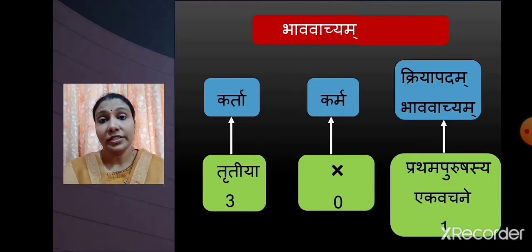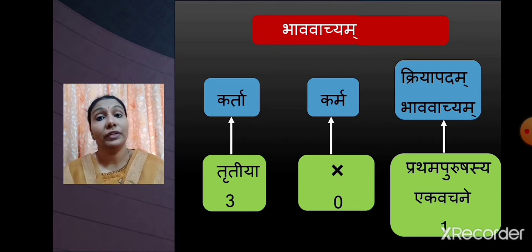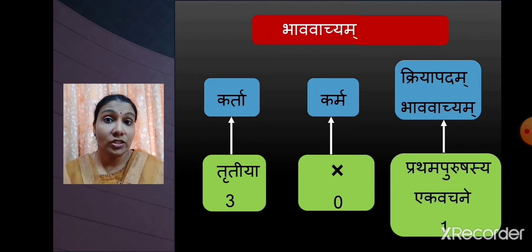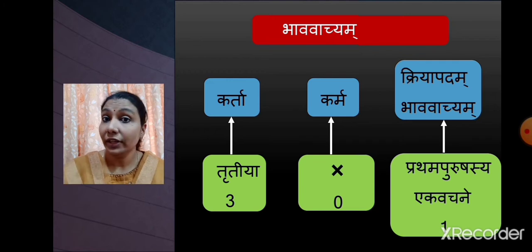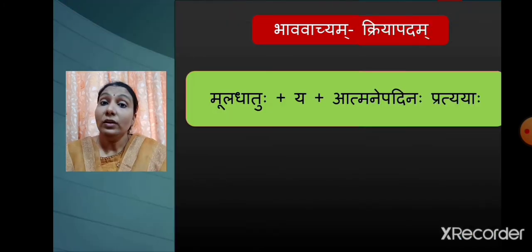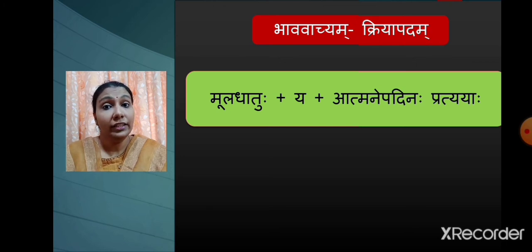Now let's try to understand the concept of Bhavavacham. In Bhavavacham, Karta is used in Tritiya Vibhaktihi, Karma doesn't exist in the sentence, and Bhavavachya form of Kriya is used. It is always independent and is used in Pratham Purushaha Ekavachanam. And we get the Bhavavachya form of Kriya exactly like that of Karmavachya form of the Dhatuhu.